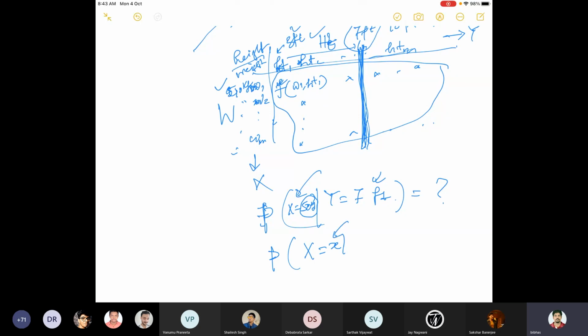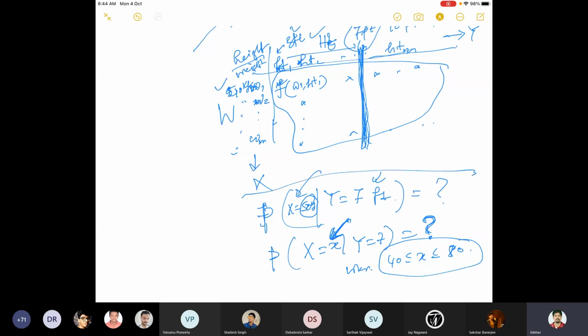So x could be 40 kg, 50 kg, 50.55 kg, 60 kg, and so on, varying from 40 up to, let's say, 80. So x is the parameter, and this answer should be a function of x. Otherwise, if I pick a particular value of x, then I have to find out that answer. So what is the probability that the weight is 50 when the height is 7 feet? This is the scenario right now.